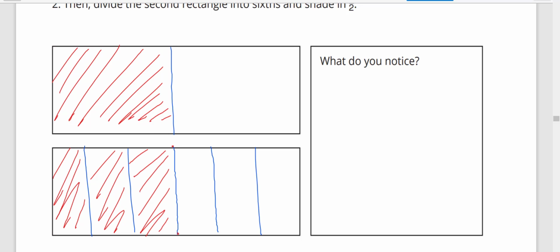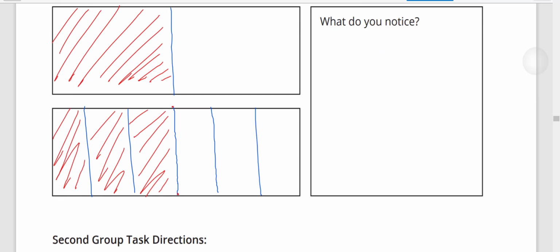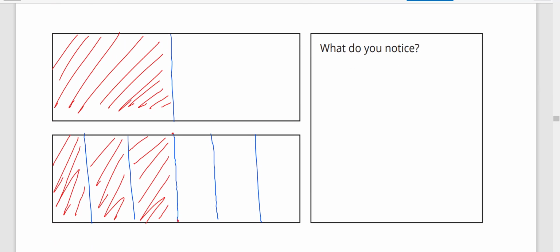What do you notice from the first one and the second one? This is half. This part is half, and this part is half. But this one whole is divided into sixths.